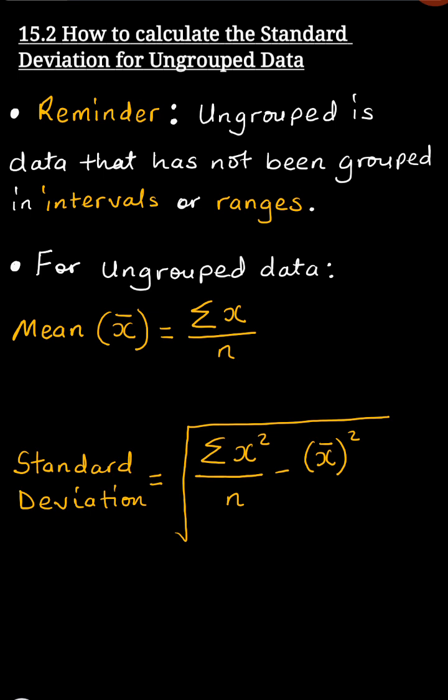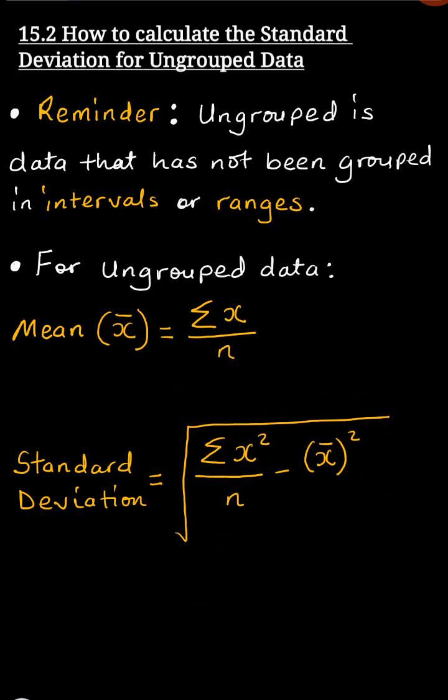When you are calculating the standard deviation for ungrouped data, always start by calculating the mean, or the x bar. X bar stands for the mean. Once you have calculated your mean, you can now calculate the standard deviation by using this formula.